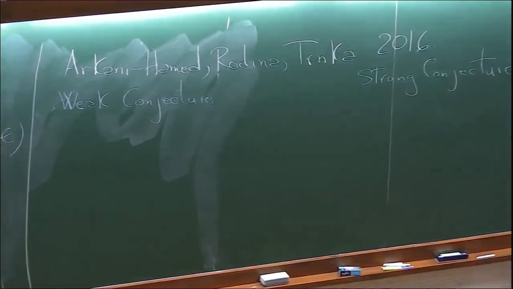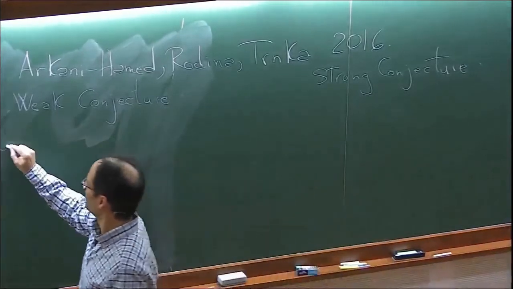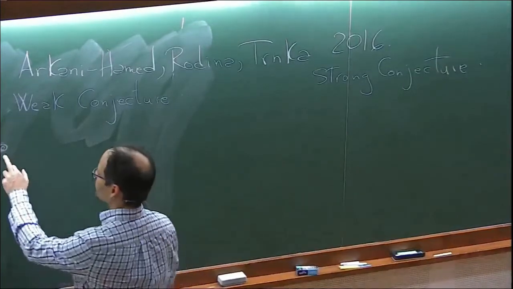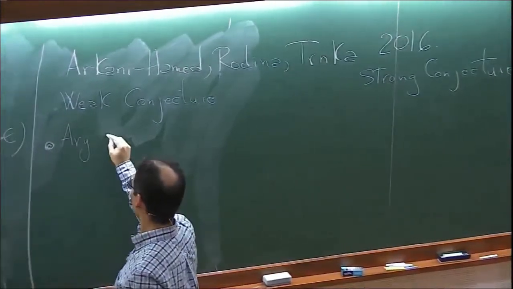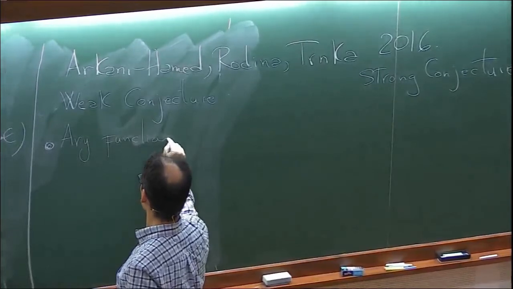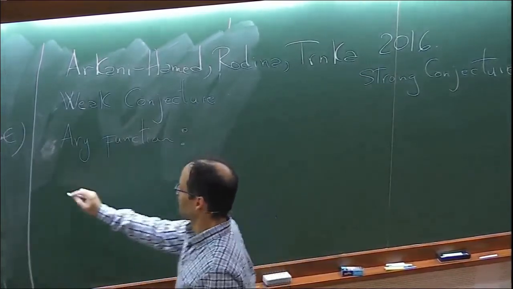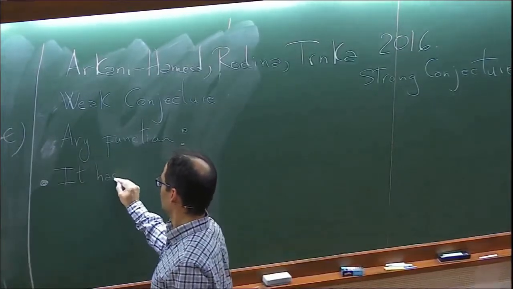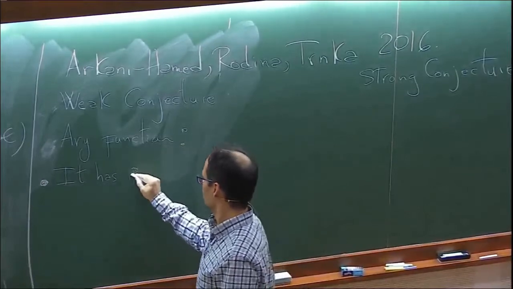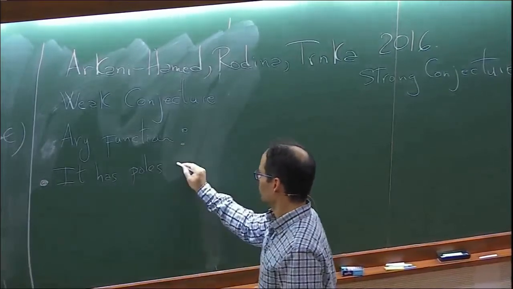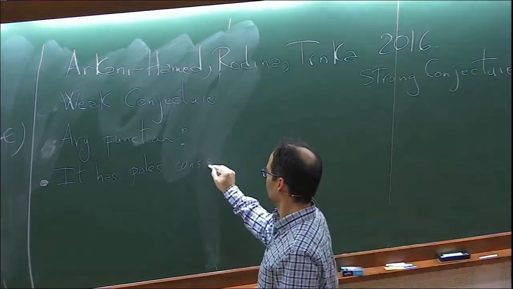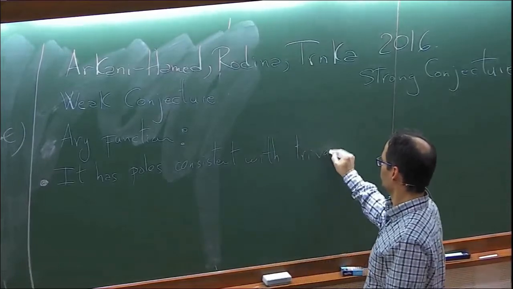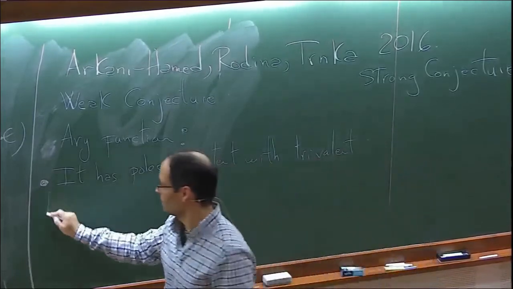What's the conjecture? Well, let's start with the big one. The conjecture is, if you have any rational function that satisfies the following. It has poles consistent with trivalent graphs, with trivalent Feynman diagrams.